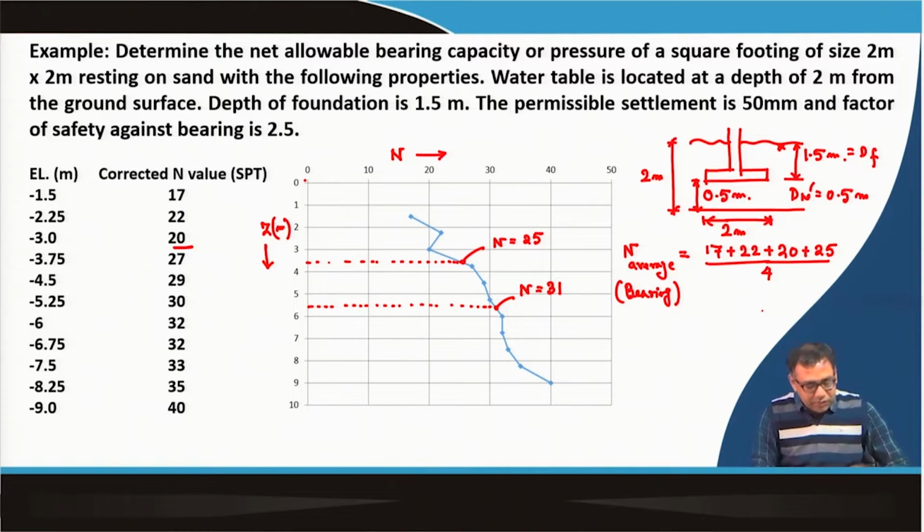For example, suppose you have a reading at 0.75 meter, which is above the base of the foundation. That reading is not required when you calculate the bearing capacity equation, so we consider only readings below the base of the foundation. If I take this average, the N average for bearing consideration only is 21.